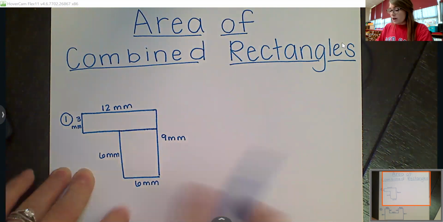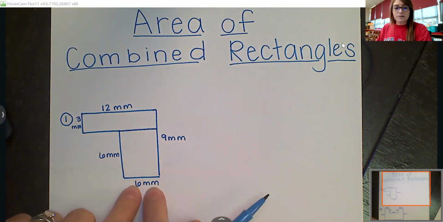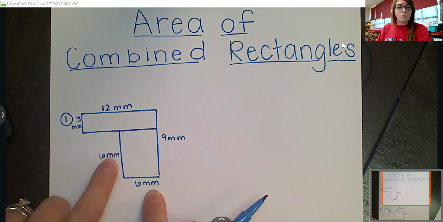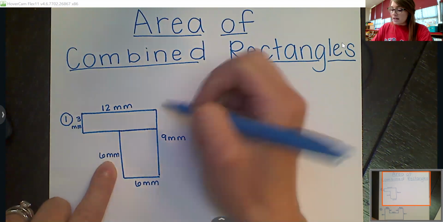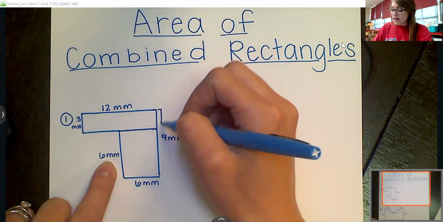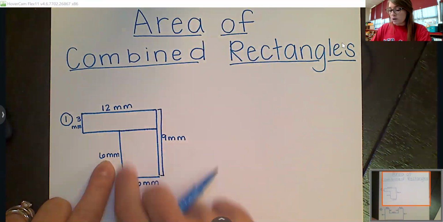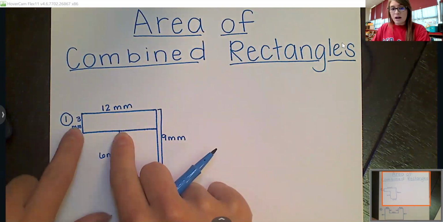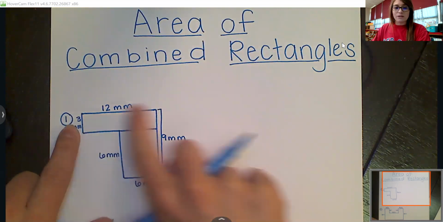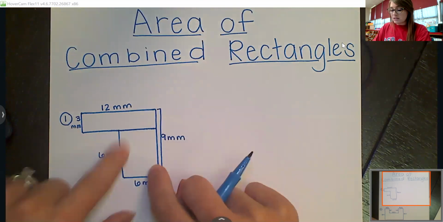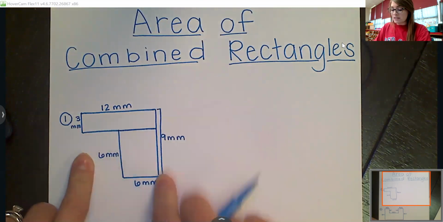Now, I know one measurement for sure, 6 millimeters right here. Now, if you're not sure if that's going to be the one that you use, if you look here, it says that this whole side is 9 millimeters. If this part of it is 6, and remember with rectangles, every other side is the same measurement. So 6 plus this 3 is going to be this 9.